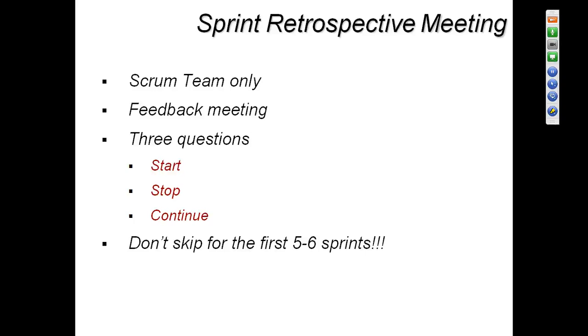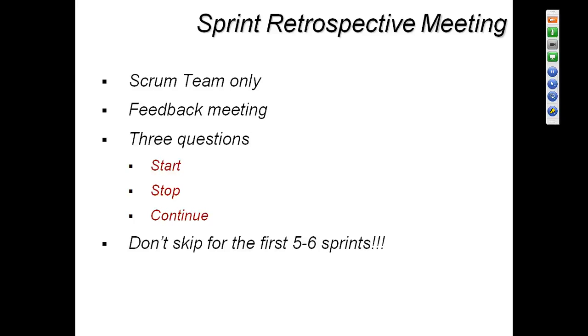In the sprint retrospective meeting, everybody discusses and gives their own thoughts. Each and every independent Scrum member gives their own thoughts on three points: what went so well, what didn't go so well, and what are our improvement areas.